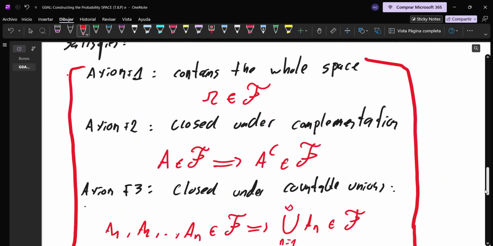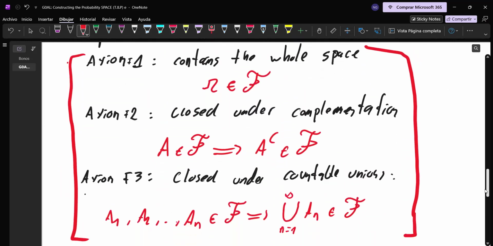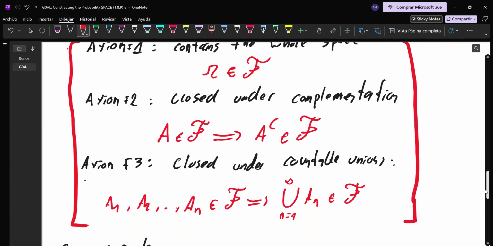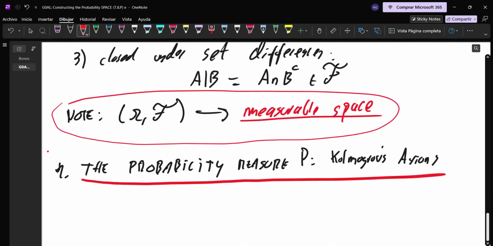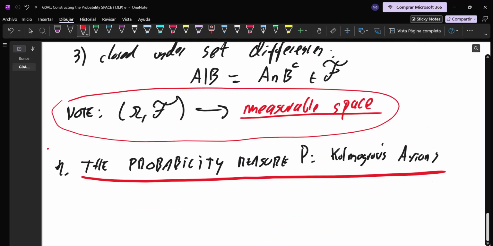If this collection respects these laws, can I measure? And then how can I measure this? This is the probability measure P.